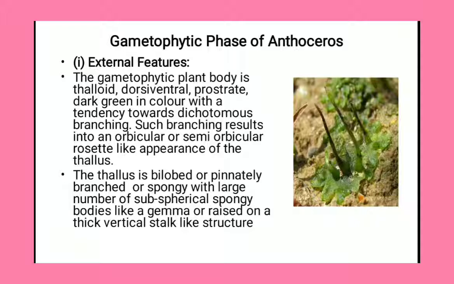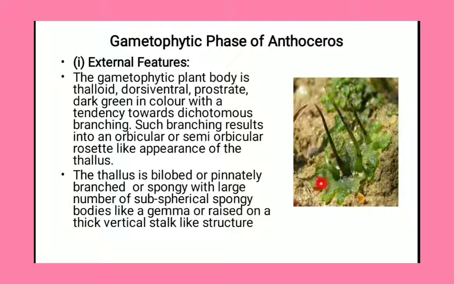The thallus is bilobed and pinnately branched, or spongy with a large number of subspherical spongy bodies like gemmae, raised on a thick and vertical stalk-like structure. You can see this figure.